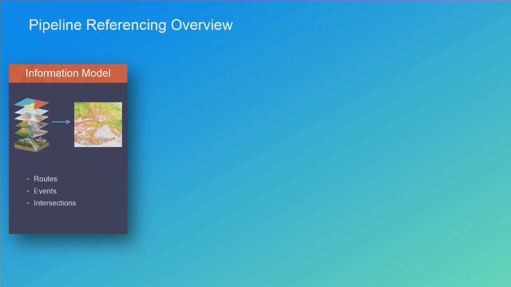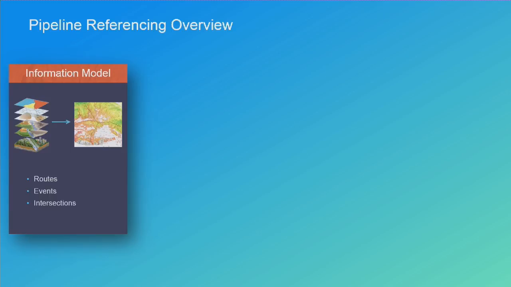So the pipeline referencing overview, there are a couple of things that are really important with pipeline referencing. The first is the information model. And some of you who are familiar with pipeline referencing or might have seen some of our demos know that pipeline referencing has a very flexible information model.